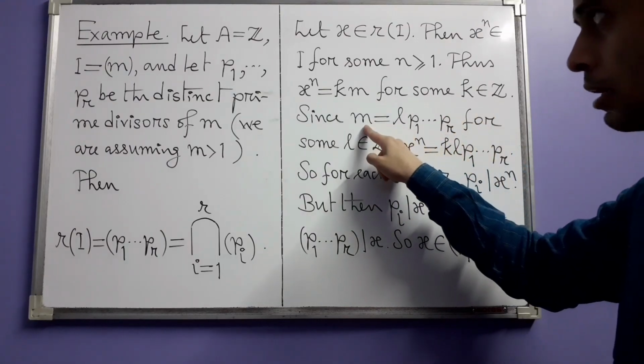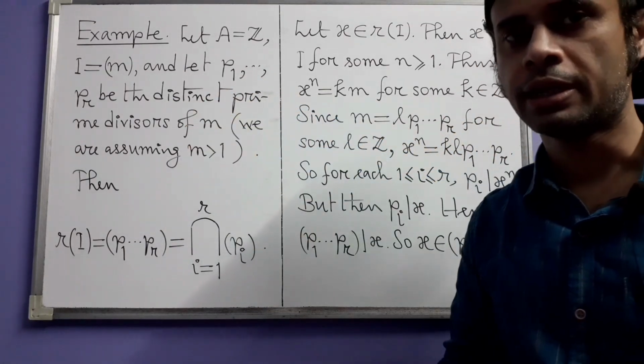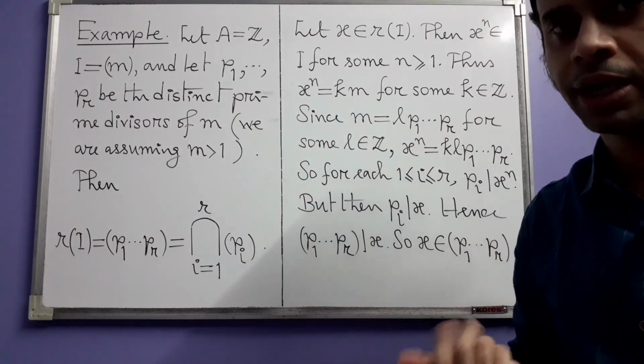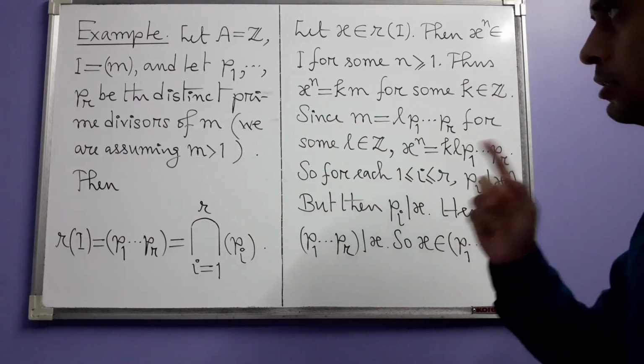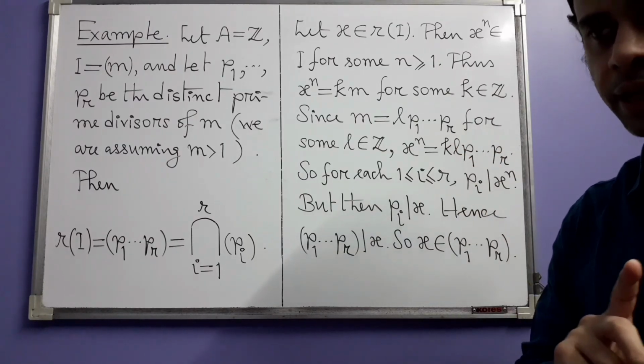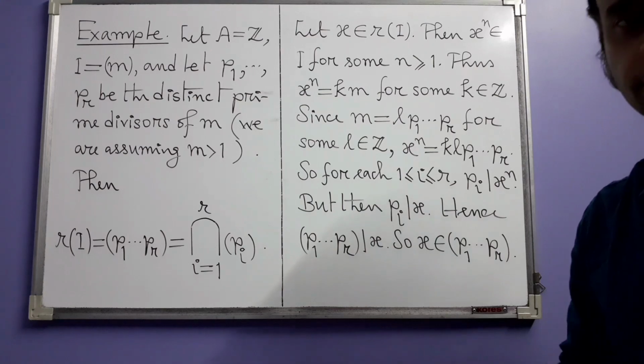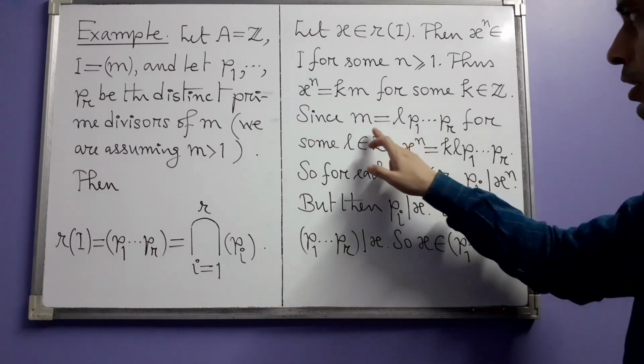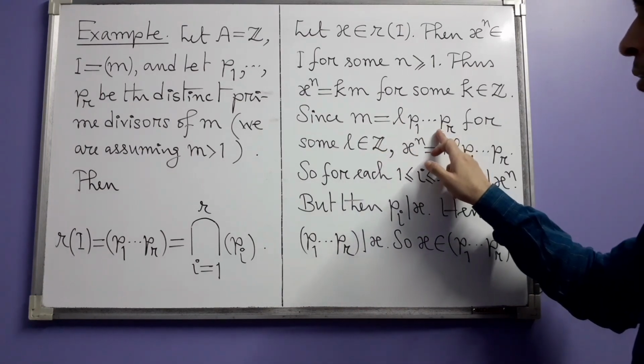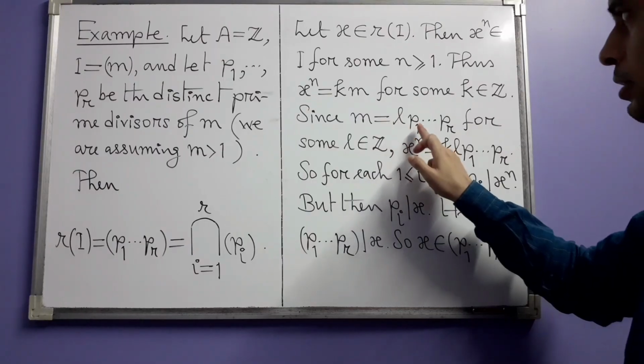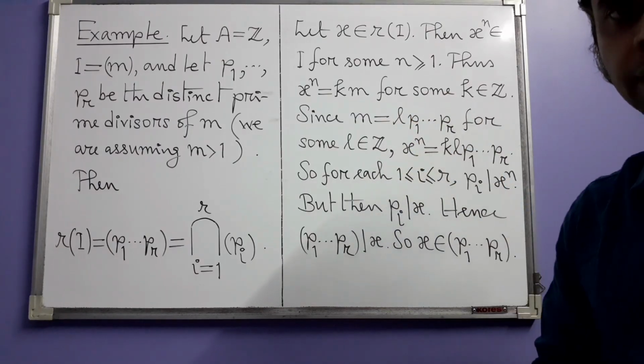But m itself has these pi's as its distinct prime divisors. So each pi divides m, and in fact their product also divides m. And that is why m itself is of this form, some integer l times the product of these pi's.